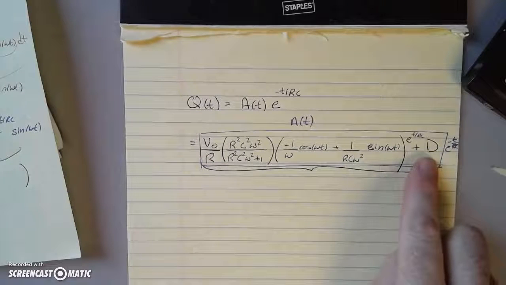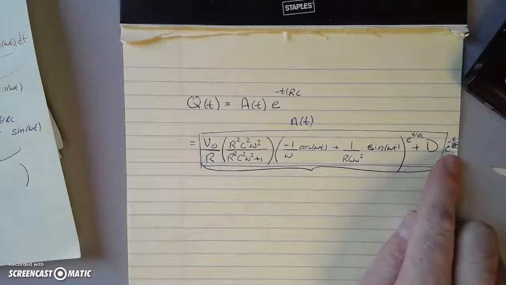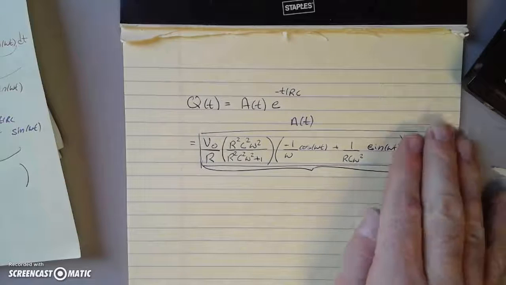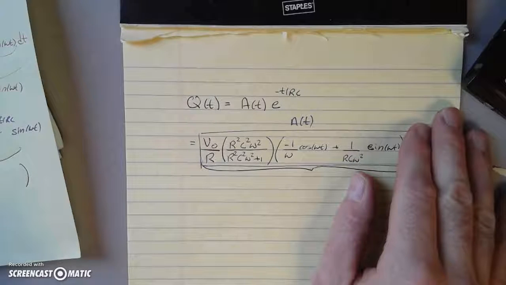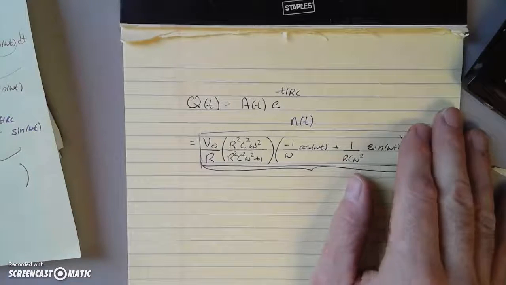If you forget this d, then when you multiply by the decaying exponential, you have no exponentials, and then you have just simple harmonic motion, and that doesn't make any sense at all. It should tend towards simple harmonic motion, but depending on your initial condition, that won't be the case immediately.